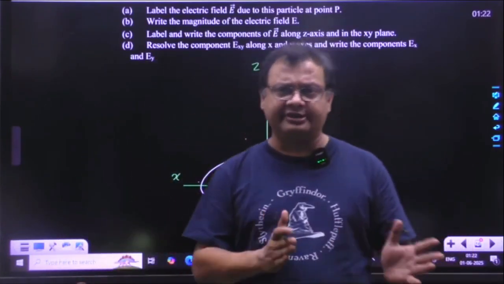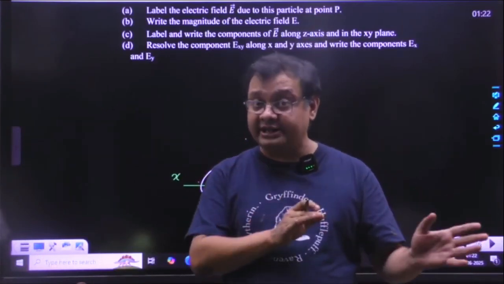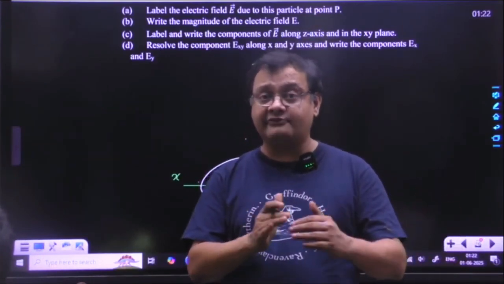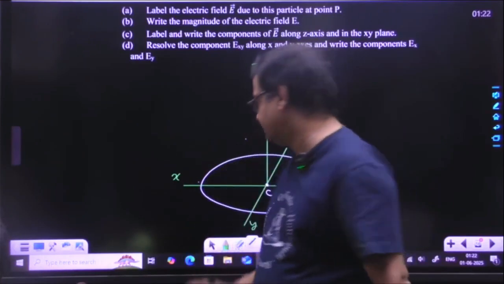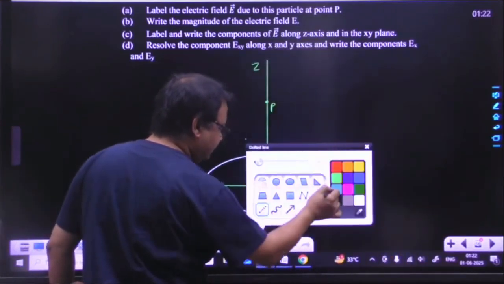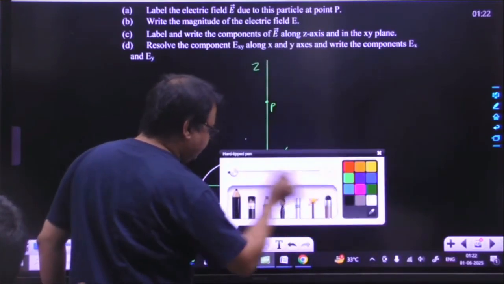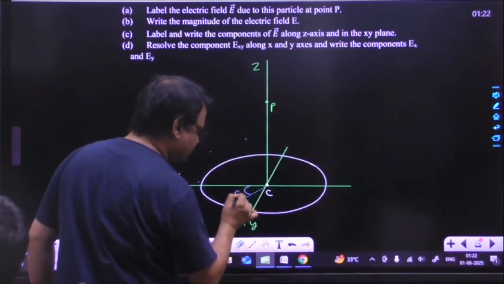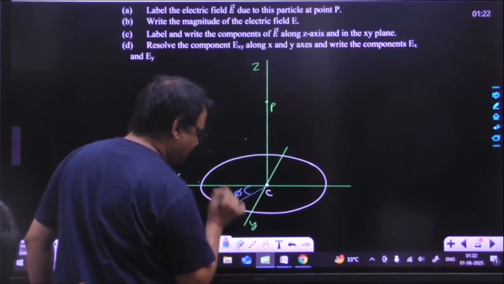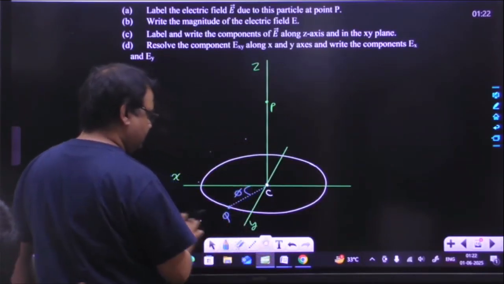Already we covered it in the basic lecture. Azimuthal angle is the angular coordinate of a point on the ring with respect to some reference line or reference diameter. If I'm taking the x-axis as the reference line, then for a point on the ring this angle will be the azimuthal angle, and say there is a charge Q at this location.